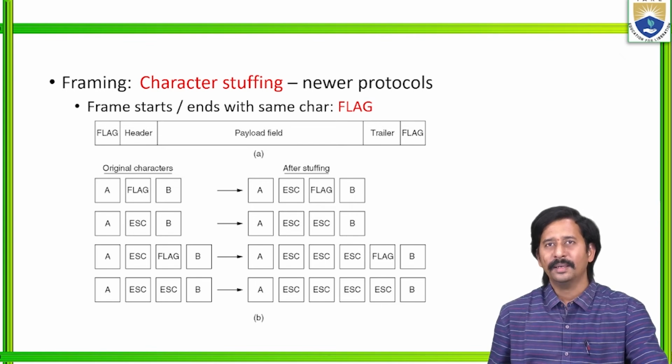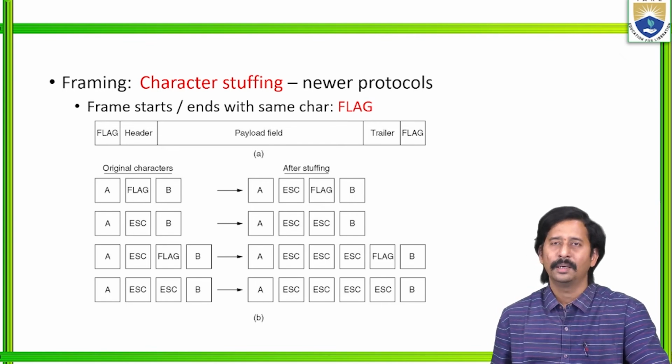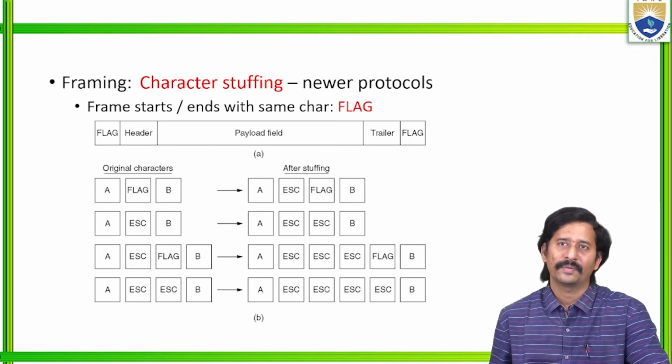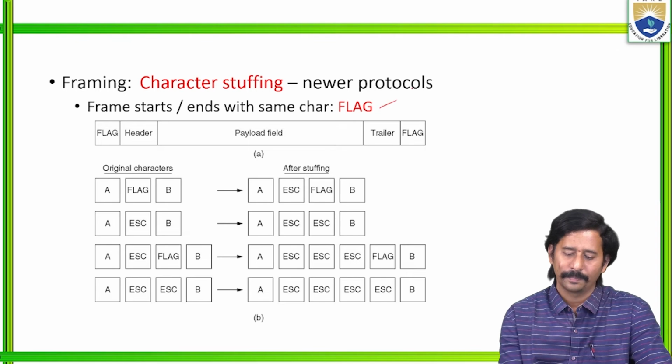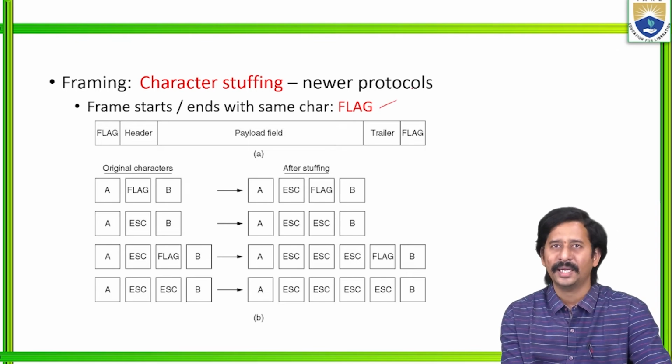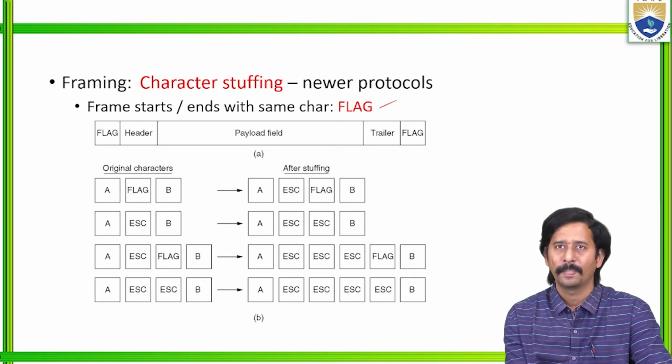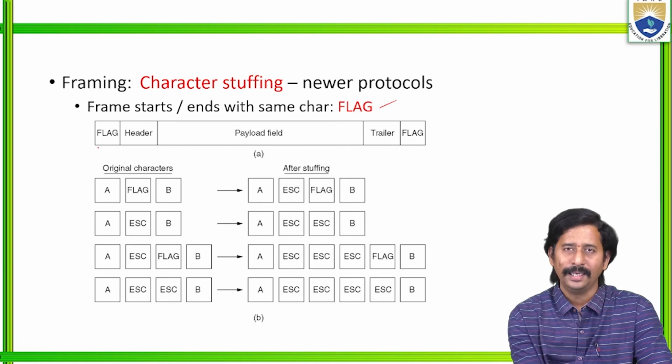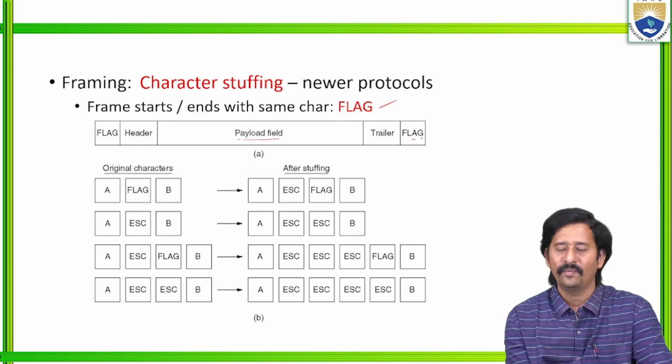This particular character stuffing is used by some of the latest protocols, where rather than using DLE and ETX, we can use a flag. This is the frame format for character stuffing: flag, header, payload field, trailer, flag.